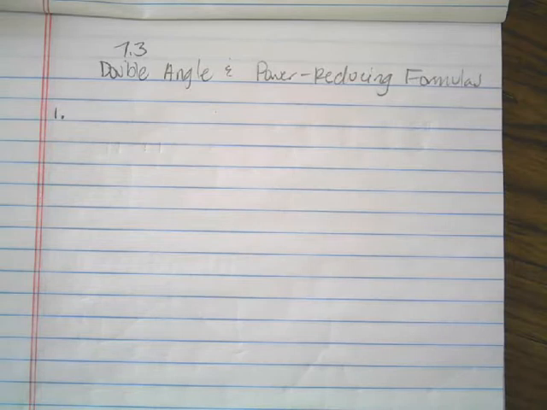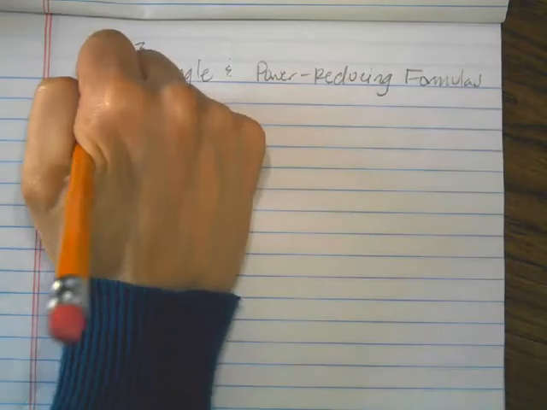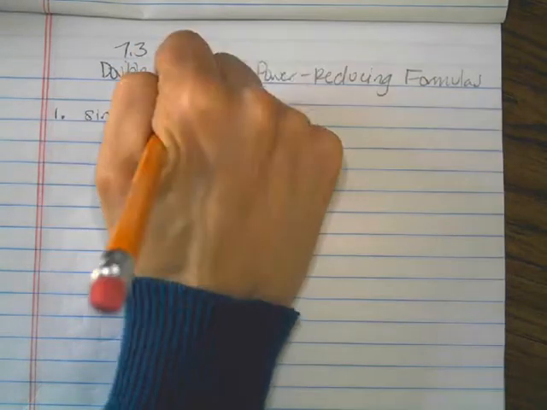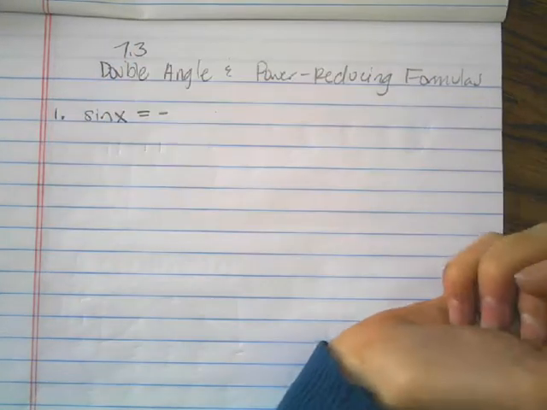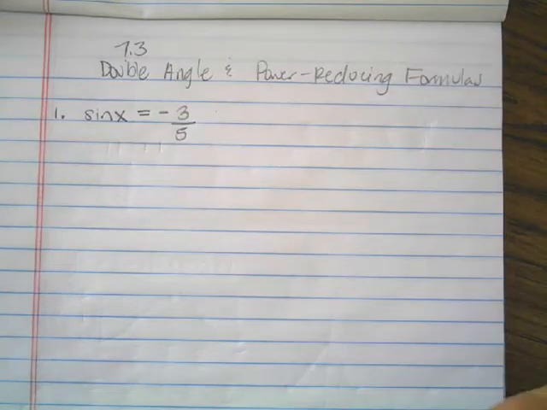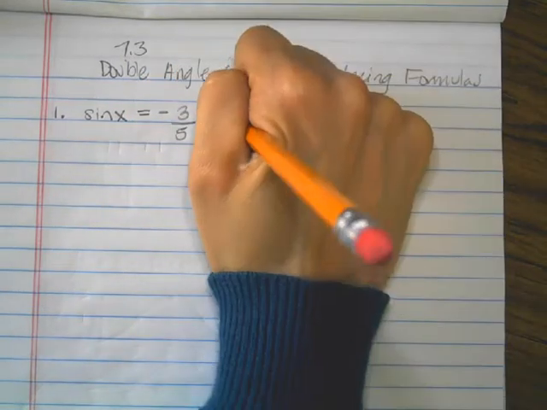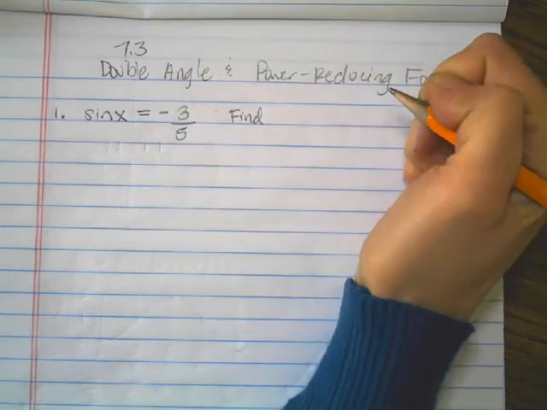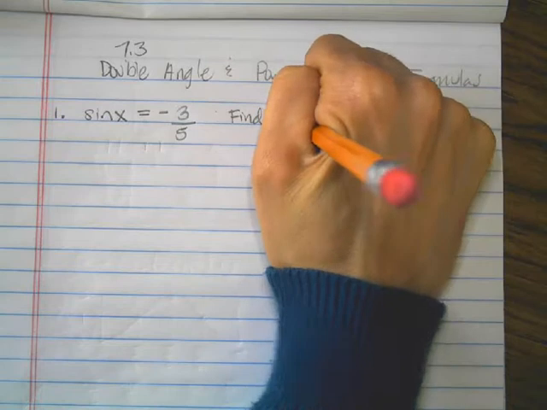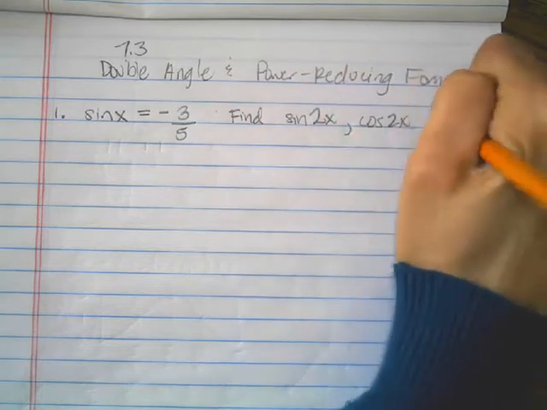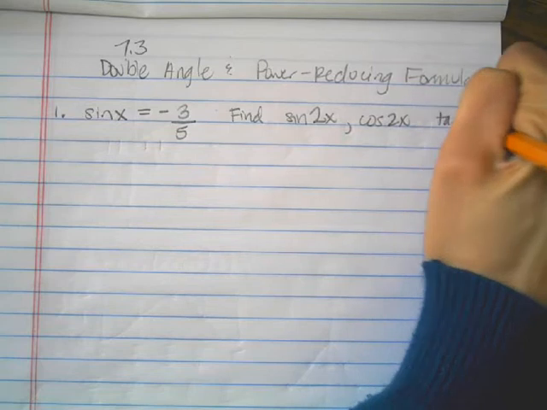So, for example, let's say they say sine of x equals negative 3/5. Okay, they're going to give you this information, and then let's say they say find sine of 2x, cosine of 2x, and tangent of 2x.